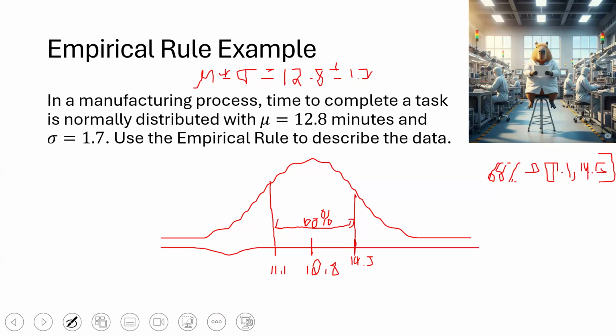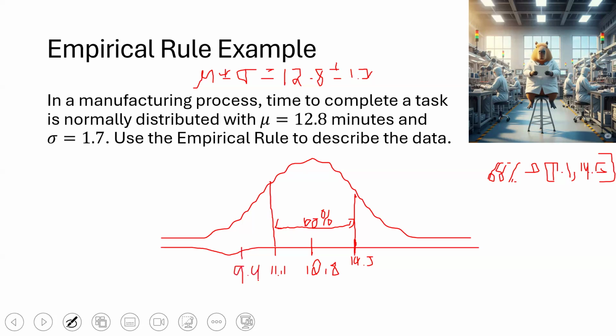Okay. Now we're going to subtract 1.7 again. Notice I could do 2 times 1.7 and subtract it from 12.8, but I can also just subtract 1.7 again from the 11.1. So that will take me down to what? 9.5. Did I do that right? No, I didn't. 9.5 would be 11.2, so it would be 9.4. Whoops. Okay, so 9.4 going this way.